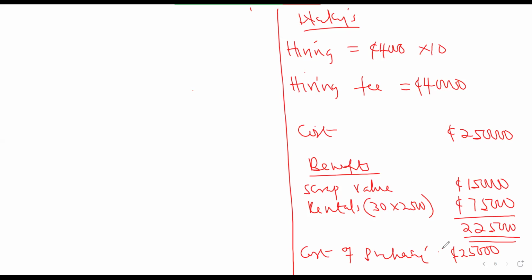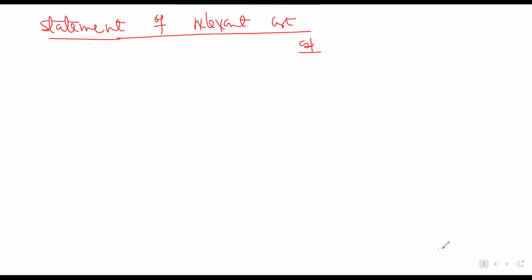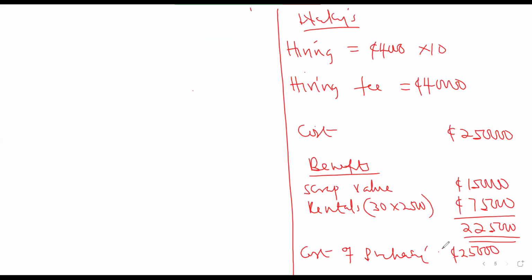And the cost that you are spending is 25,000. So that is the relevant cost for the machine. You always explain why you included that. So you just explain your calculation.